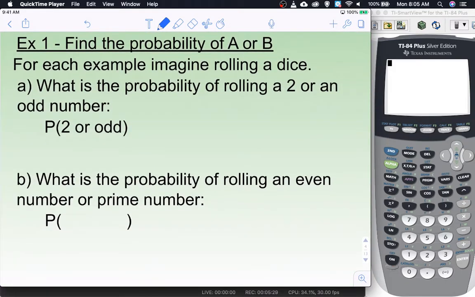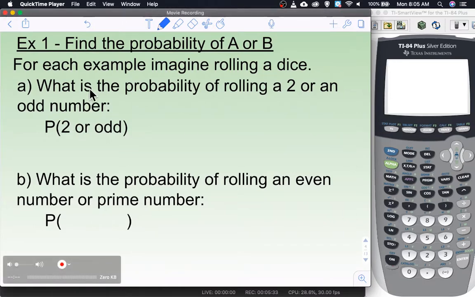So, probability of 2 things. For each example, imagine rolling a dice. What is the probability of rolling a 2 or an odd number? You may see this notation.